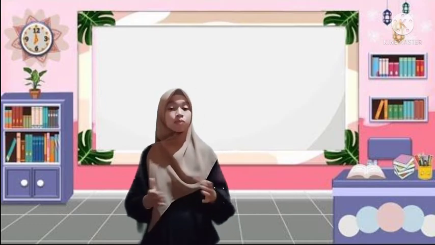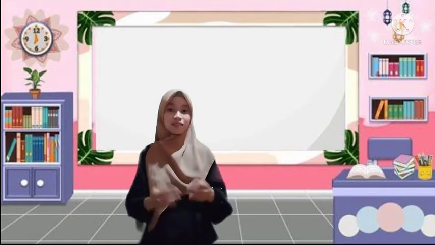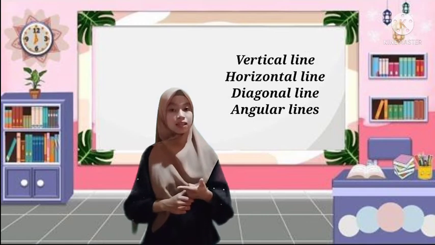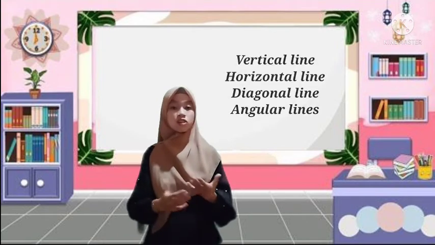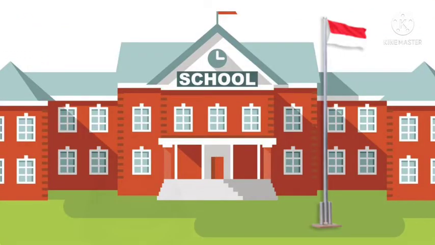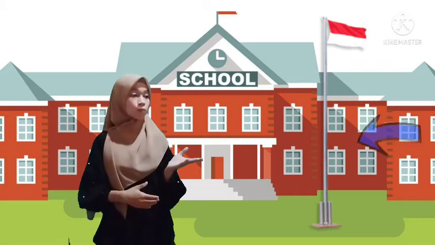But before we look at the examples, let's remember that line has various kinds: vertical lines, horizontal lines, diagonal lines, and angular lines. So, let me show you the examples. Well, look at the flagpole.